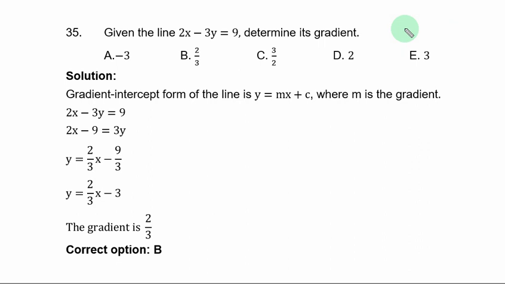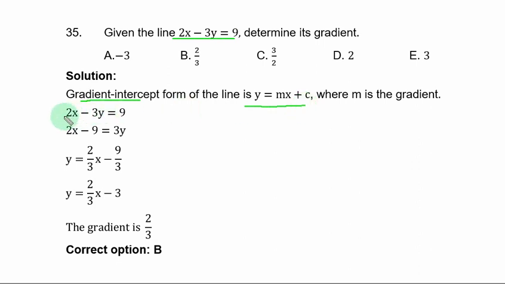Question 35. Given the line 2x minus 3y equal to 9, determine its gradient. You have to express the given line in gradient intercept form, that is y equal to mx plus c, where m is the gradient.